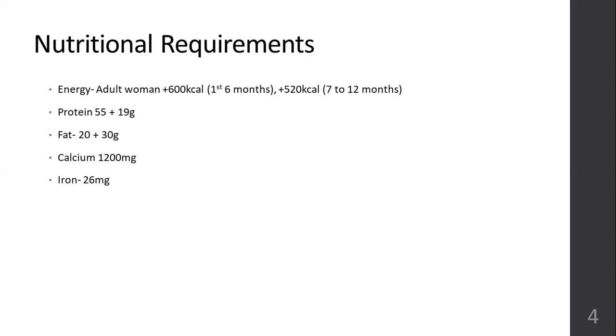A woman during the first 6 months of lactation, or during exclusive breastfeeding, does not have her periods. Okay, and even during pregnancy, the mother is not having her periods. So the loss of blood through periods is null. Okay, the loss of iron because of menstruation is zero. Okay, so 26 or 23 mg of iron on a daily basis is more than enough.